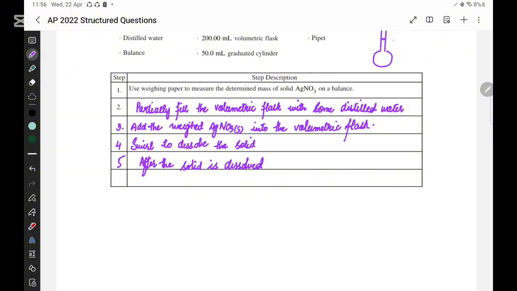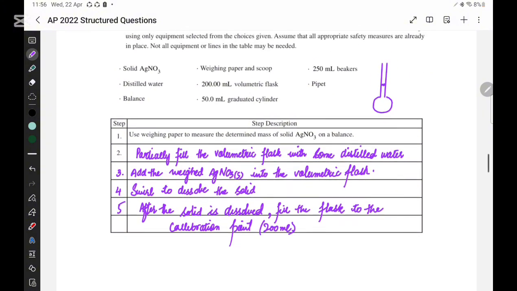You are going to put the water up to the mark. So after the solid is dissolved, fill the flask with water to the calibration point, which is at 200 milliliters. So this is a 200 milliliter flask, and there is a mark over there.